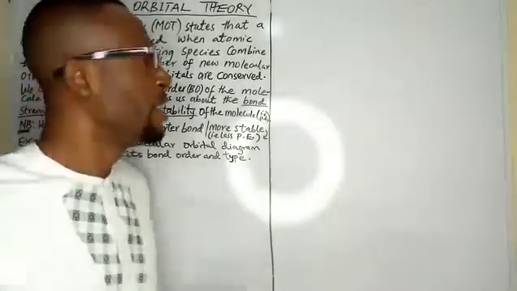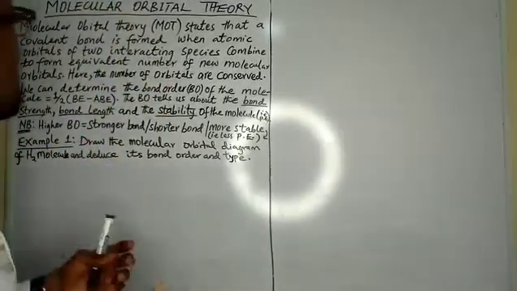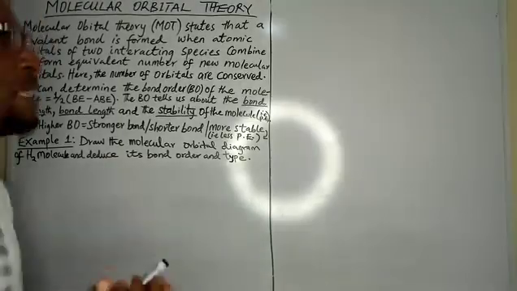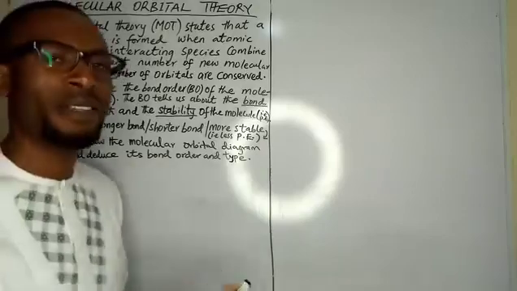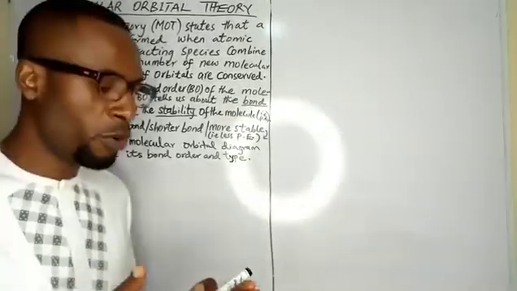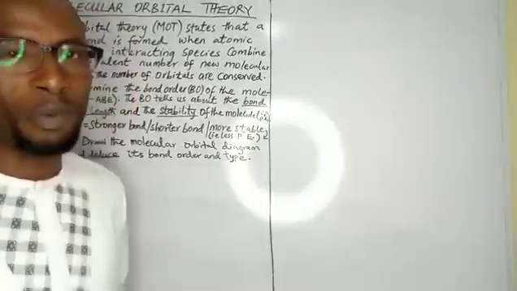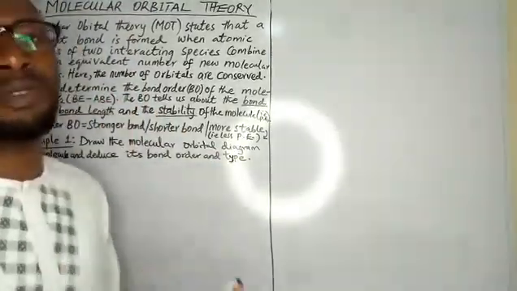So when you talk about molecular orbital theory, we are talking about how a covalent bond is made when two atomic orbitals combine or overlap to make an equal number of molecular orbitals. Here you say that the number of orbitals is conserved.